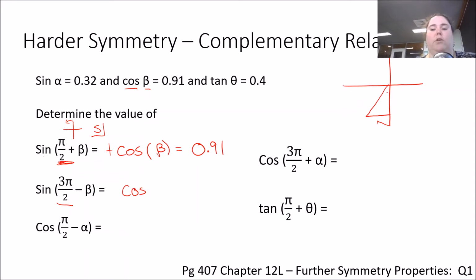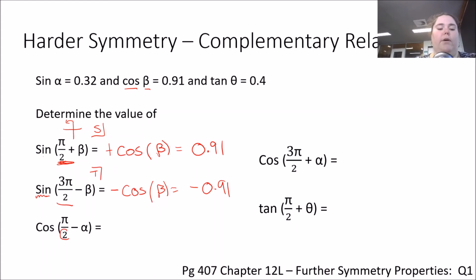This is my new triangle. 3 pi on 2 minus tells me I am in the tan quadrant, which means my answer is negative. I'm thinking about the sine bit when I'm talking about which quadrant I'm in. And then it's just beta. So it's negative 0.91. That's all that's happening.